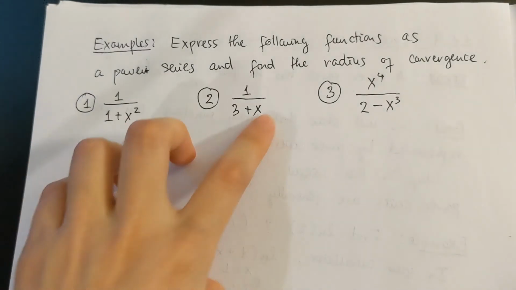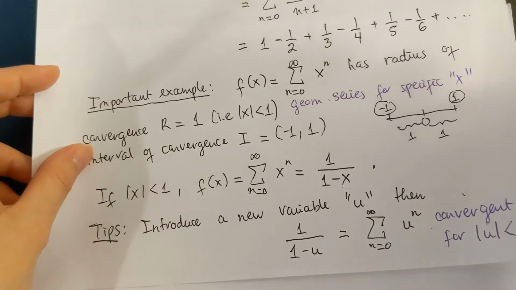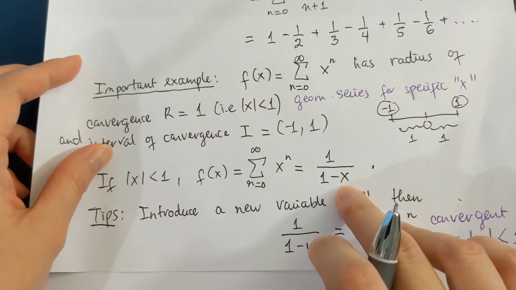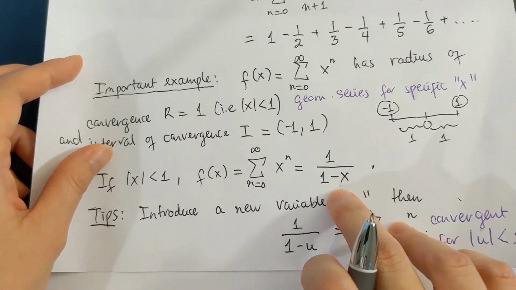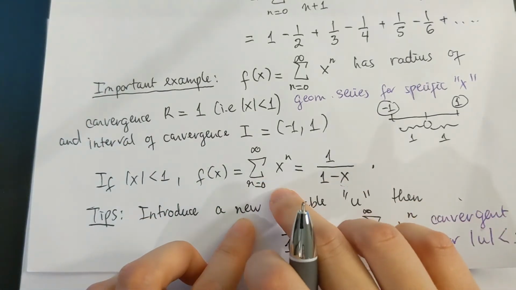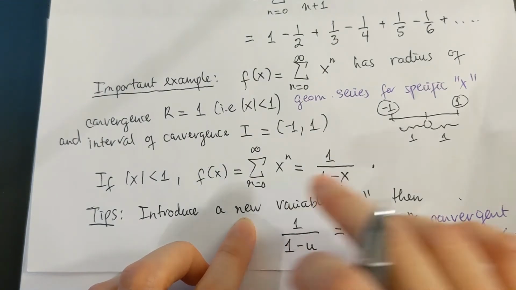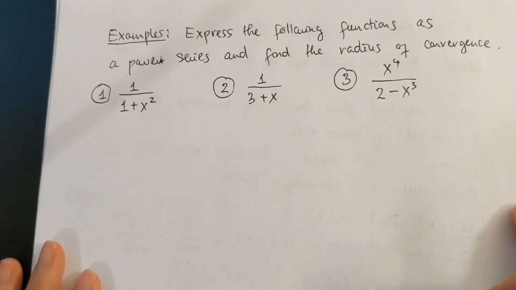These have a similar appearance as this function 1 over 1 minus x, though not exactly. So we have to make it look like something like this, so we can use this expression as a power series.